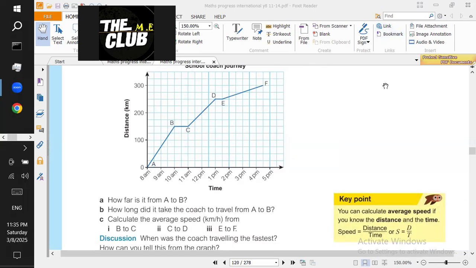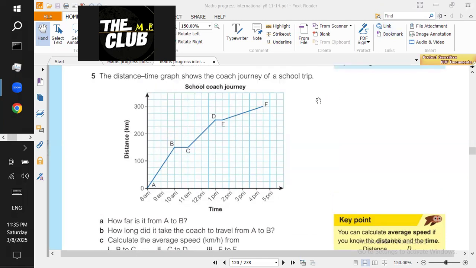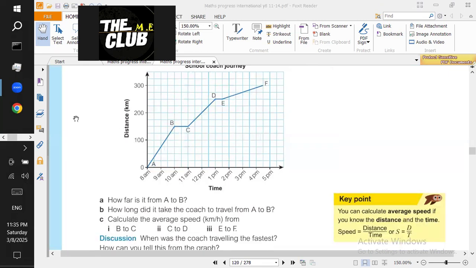This is a journey of a school coach. Question one: how far is it from A to B? How far means what's the distance from A to B. A is 0, B is here, between 100 and 200, so it's 150 kilometers.